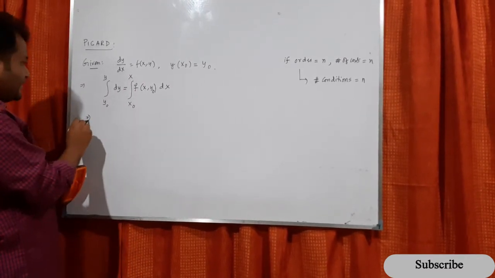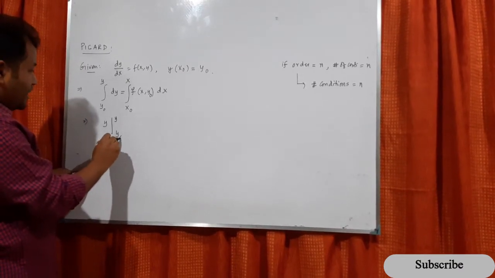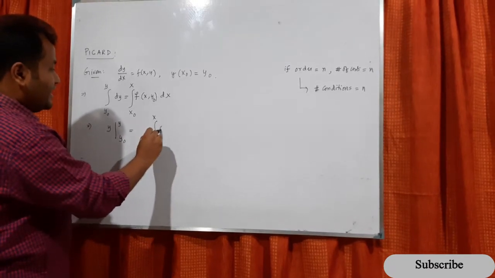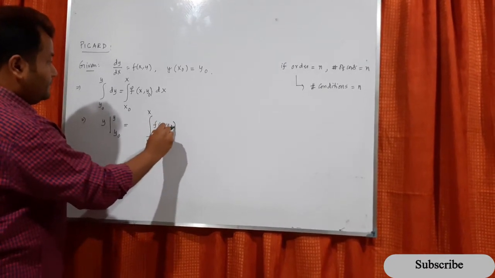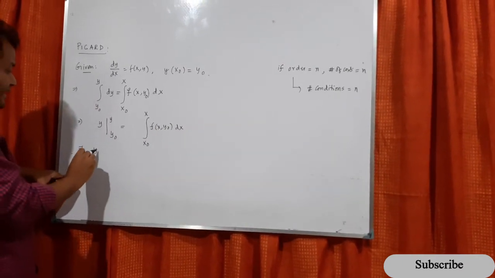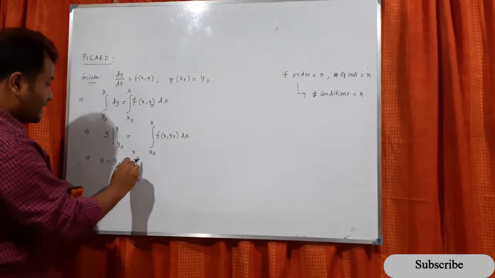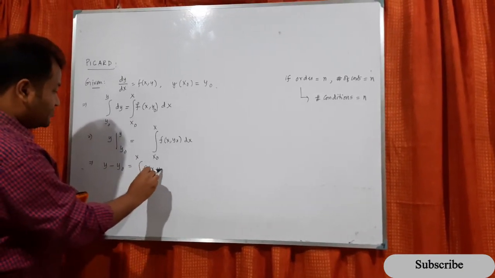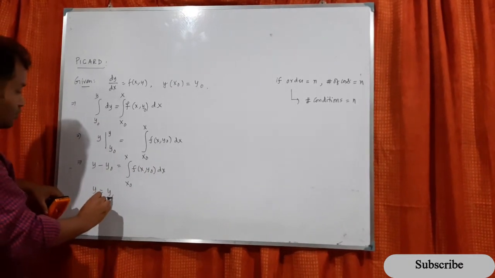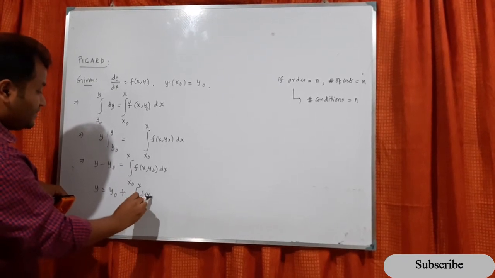If I integrate the left hand side, it is y and y naught, and the right hand side is the same, x naught to x, f of x, y naught. So if you put this value, it will be y minus y naught equals integration x naught to x, f of x, y naught dx. So y equals y naught plus integration x naught to x, f of x, y naught dx.